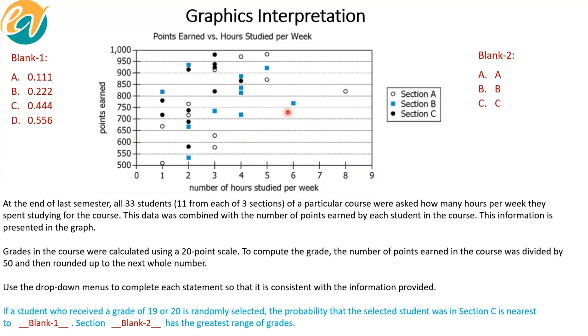Similarly, this student belonged to section B, studied 6 hours per week, and ended up getting, let's say, 760 points. So similarly, the data for each of the 33 students is presented.